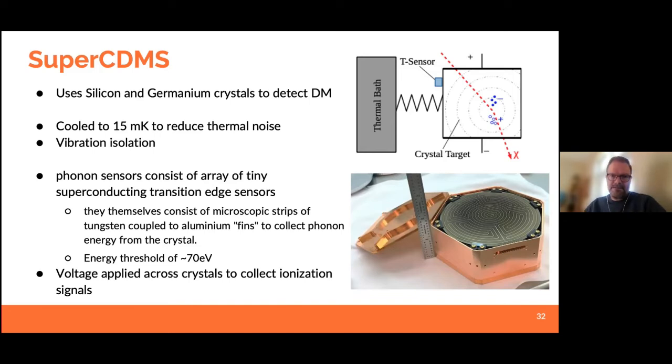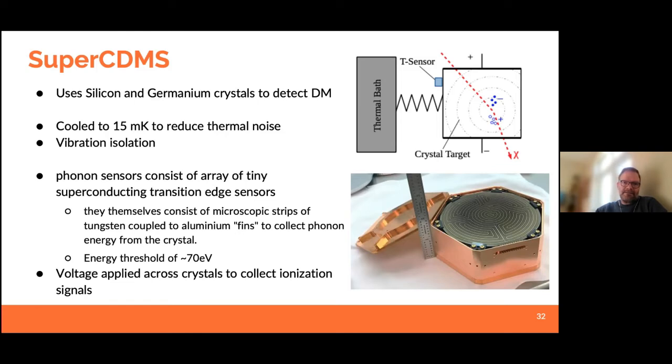So that basically you just have a crystal sitting there perfectly quiet, and if something comes in and hits the nucleus, you get a lattice vibration, and you can detect those phonons, and in addition you get ionization, and you can read out that charge. And because they're trying to measure this heat and the phonons, there's also vibration isolation, so that they sit there perfectly still.